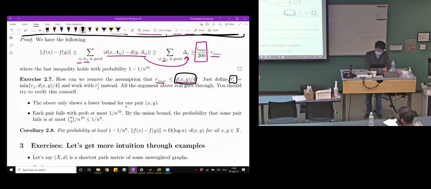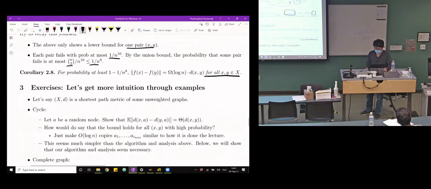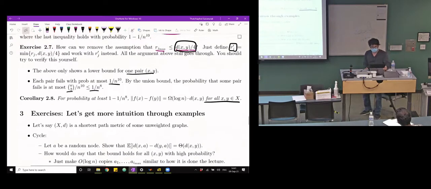We just argued about one pair; each pair fails with this probability, so now you union bound over all pairs. There are n squared of them. So it's still good with probability 1 over n to the 8 for all pairs. All right. So that is the proof.